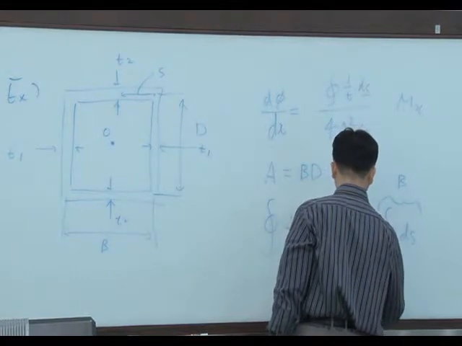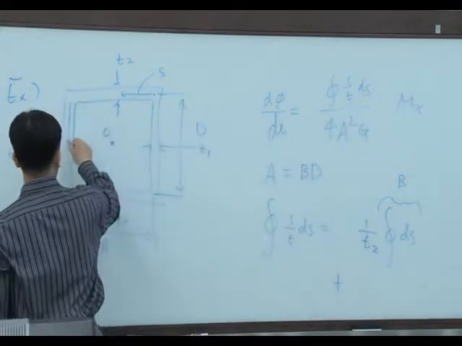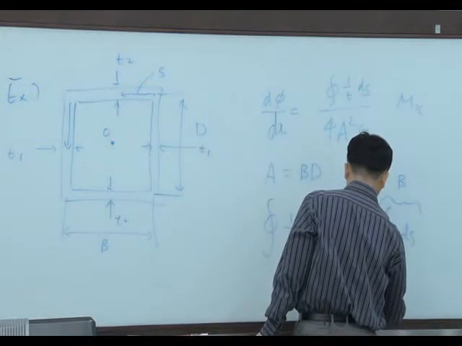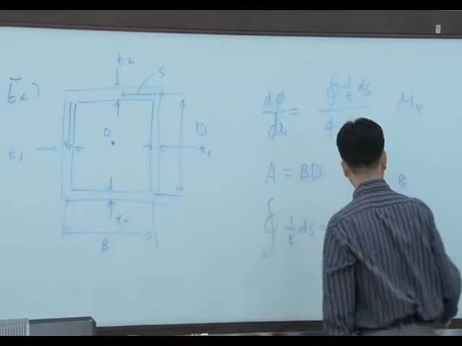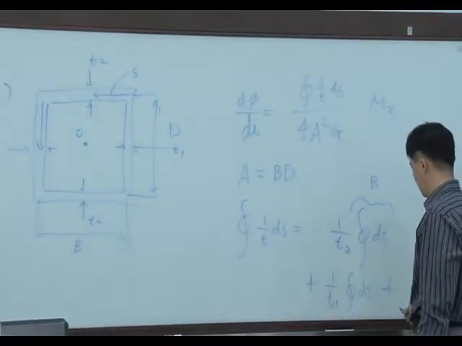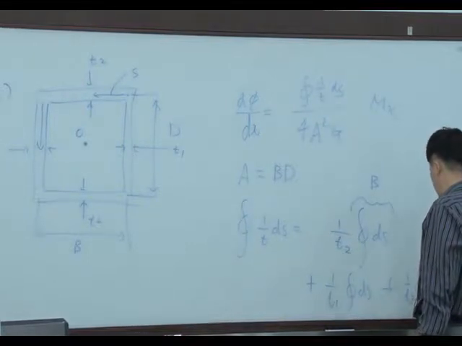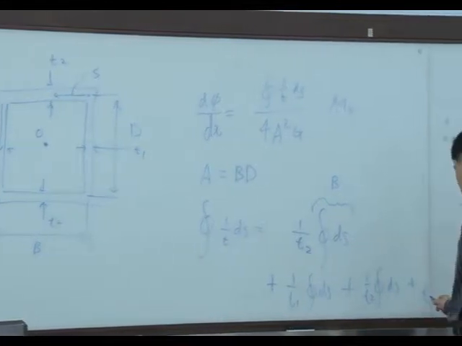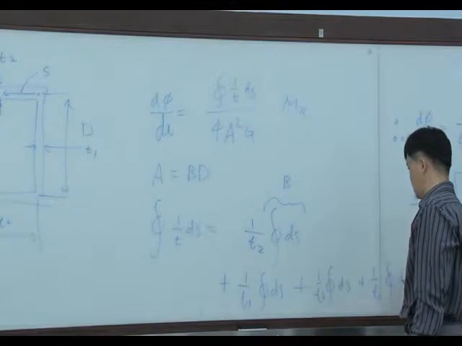also from here to here, T1 over 1 ds, plus something like that, T2 1 ds, plus T1 1 ds.